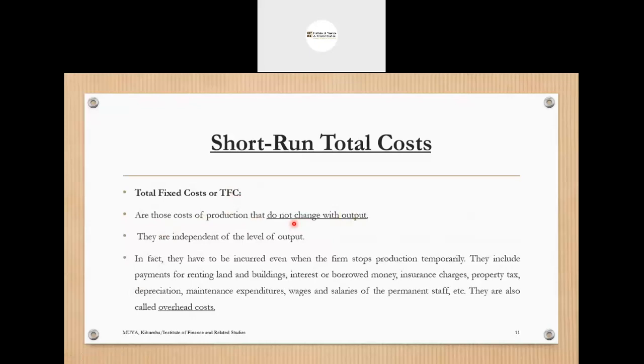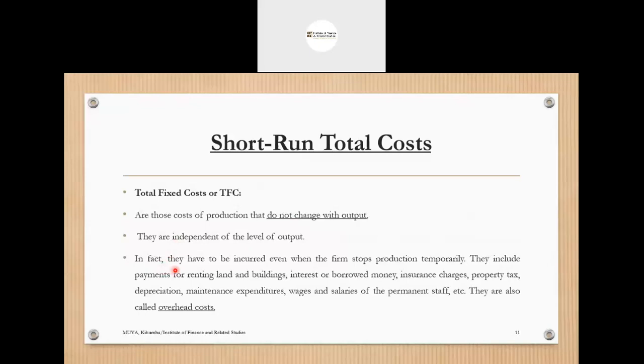If the output level is 0, those costs will have to remain. If it's 100, they remain the same. As such, they are independent of output. And as I stated, the farm will even incur them when it stops production temporarily.